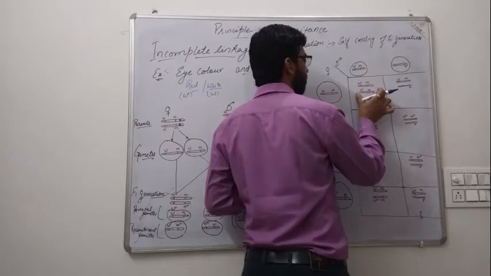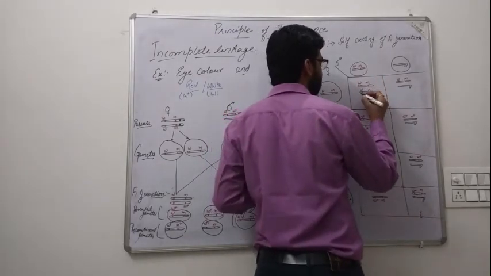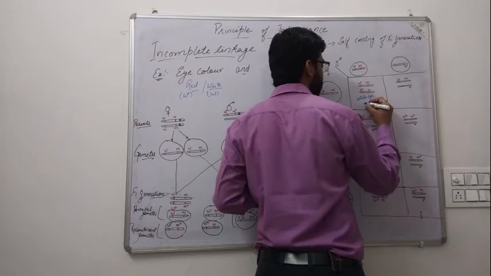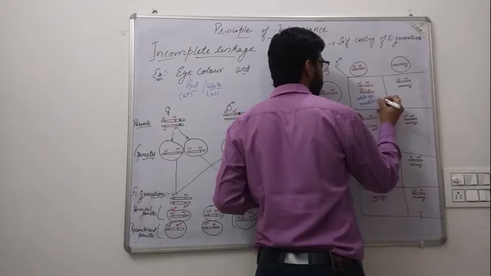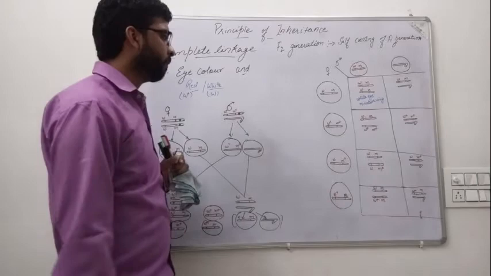There is no dominant character here, all are recessive, so the phenotype is white eye, miniature wing.